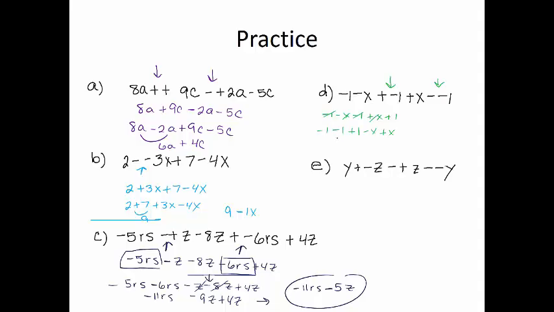Now let's add the same signs together. So we have negative 2 plus 1, and over here we have negative x plus x. Negative 2 plus 1, we have more negatives, so we have negative 1. And then negative x and positive x will cancel out. So our answer for that one is just negative 1.